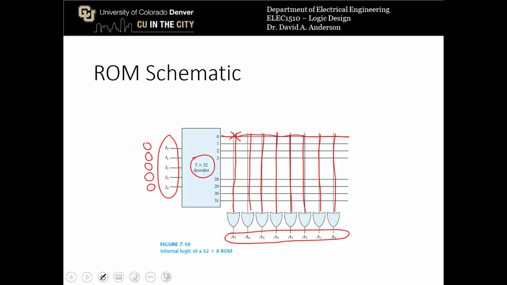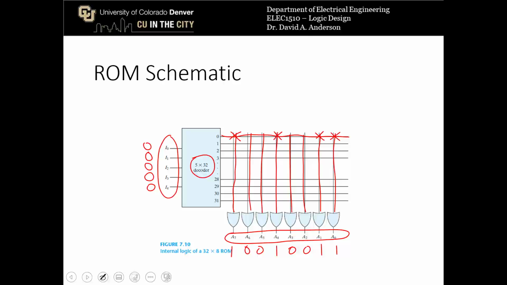So let's say I put a 1 there, a 1 here, and 1 here. Now my output will be 1, 0, 0, 1, 0, 0, 1, 1. So that's essentially the information stored at the very lowest address. And it's stored through the connections made between the columns and the rows.